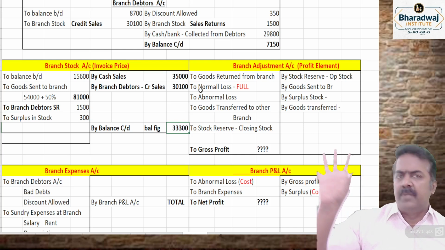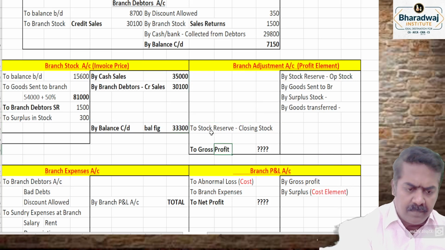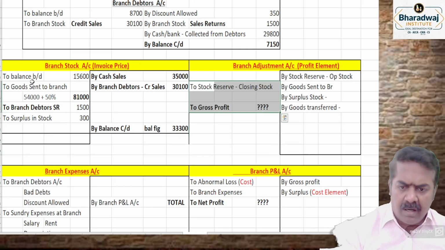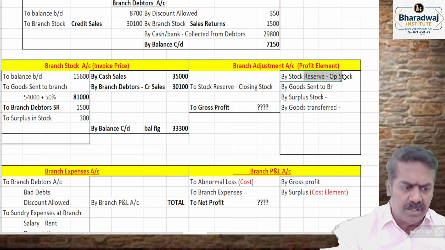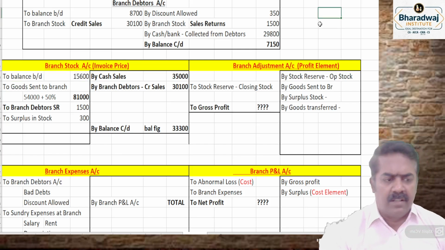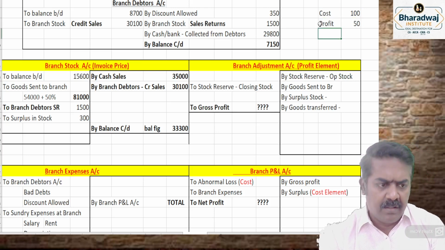Wait, 2 minutes, wait. On which items you would remove the loading? On the debit side item, stock reserve on the opening stock. 15,600 into, listen, if cost is 100, profit is how much? 50. So invoice price is 150.